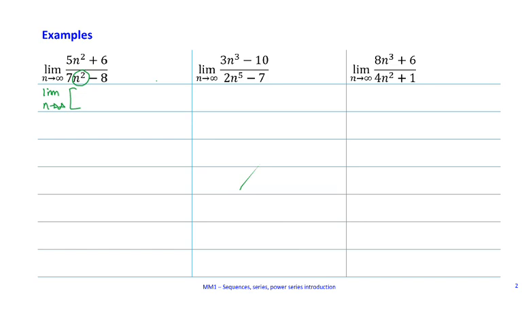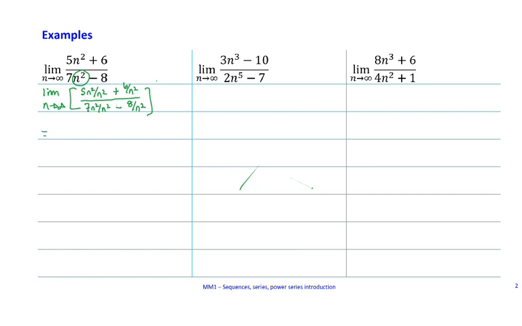So we can do 5n squared over n squared plus 6 over n squared, over 7n squared over n squared minus 8 over n squared.